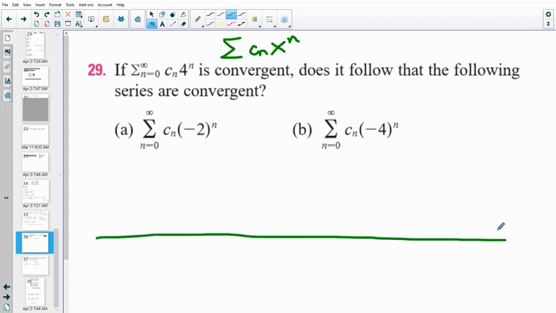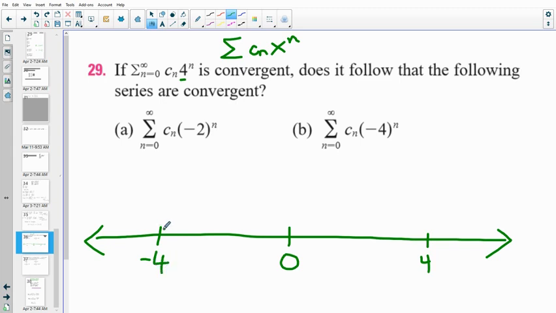I'm going to draw a number line here to help illustrate this idea. The center of convergence is 0 because it's just x to the n. It's not x minus 5 to the n or anything like that. And I know that it converges at x equals 4, which tells me that my radius of convergence is at least 4. Maybe it's infinitely big. Maybe this converges for all real numbers and we only know about the specific value of 4, but I know that it converges at 4.